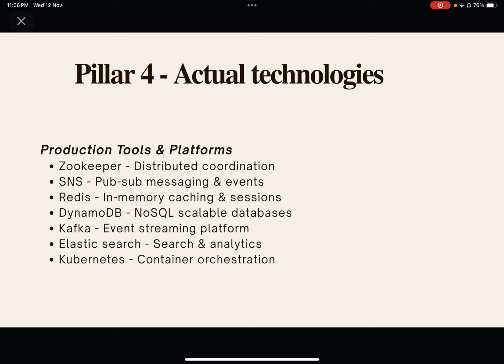Zookeeper manages distributed coordination. Elasticsearch powers search functionality. Kubernetes orchestrates containers. SNS and SQS are AWS messaging services. Understanding these technologies means knowing their strengths, limitations, and use cases. When you say I will use Redis for caching, you should know why Redis and not another solution.